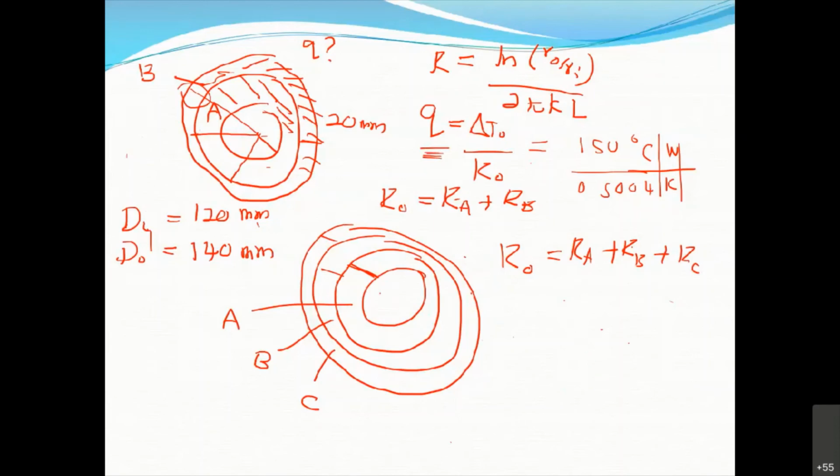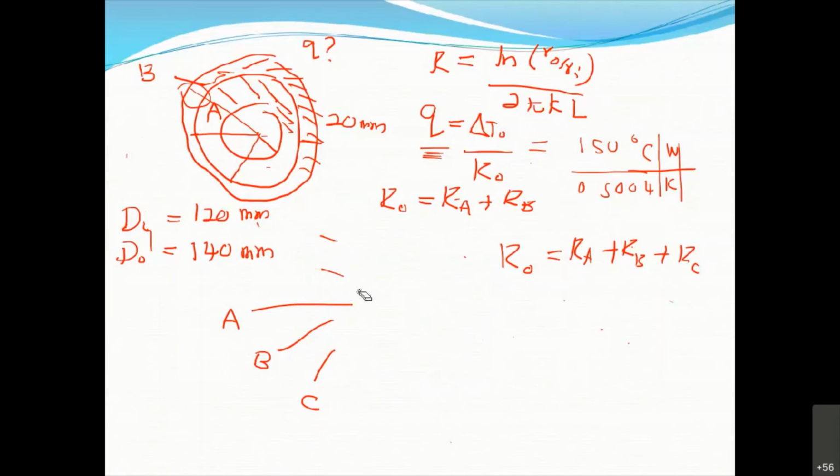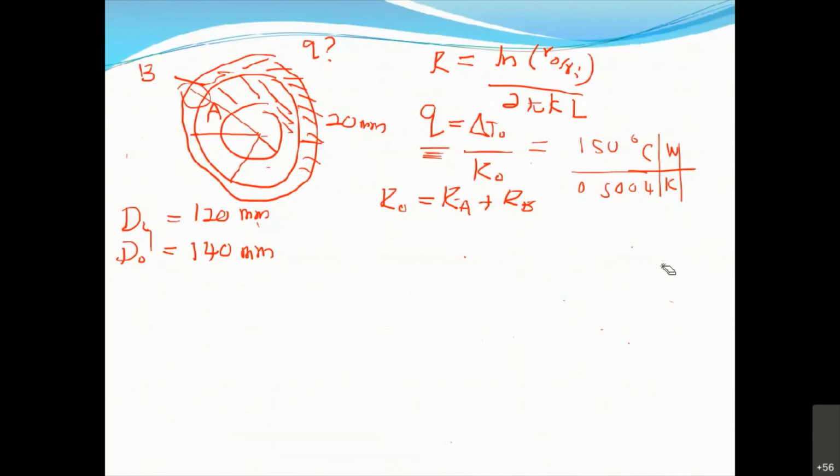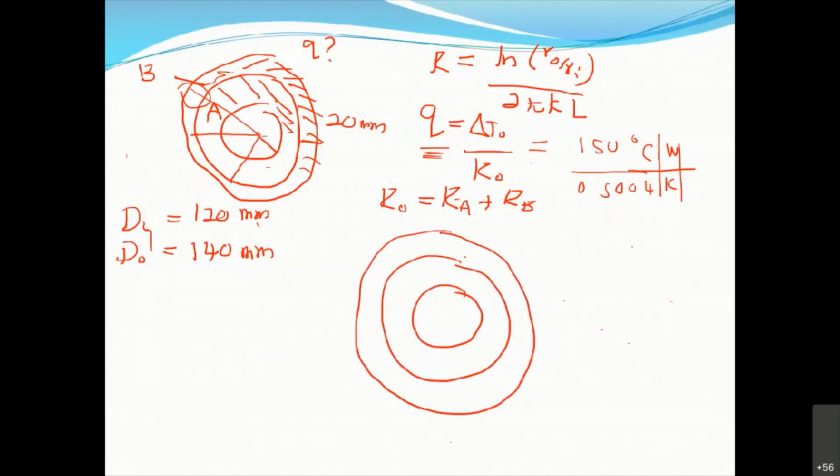The second part of the question is asking us to find the temperature on the outside surface of the steel pipe. The first part was to find the value of Q. The second part is to find the temperature outside. So if I have to redraw again, this is your inside diameter, this is your outside diameter, and this is the layer of insulation.